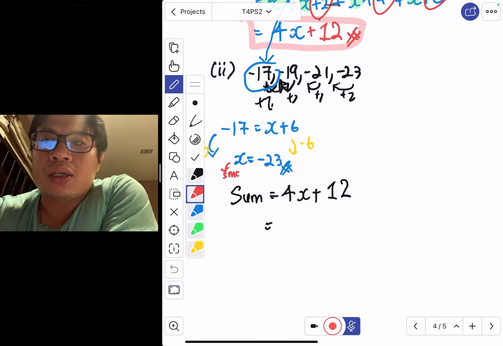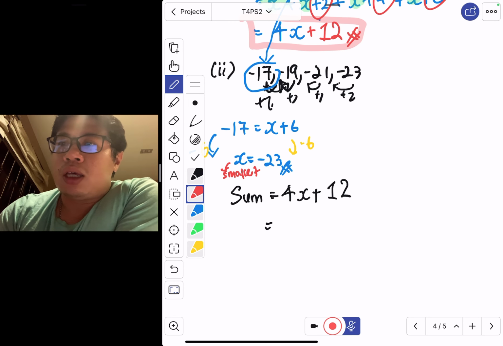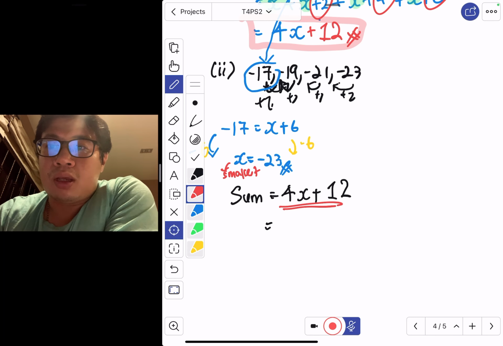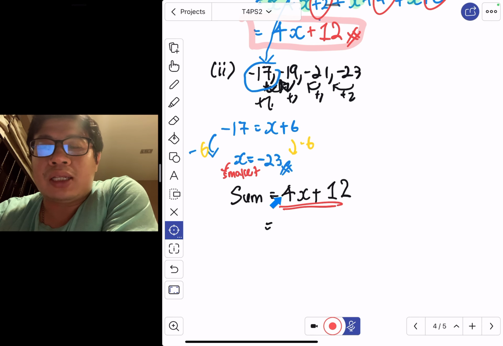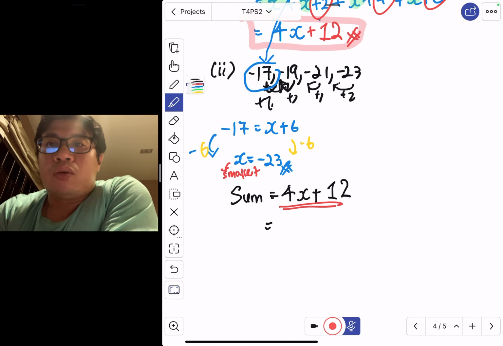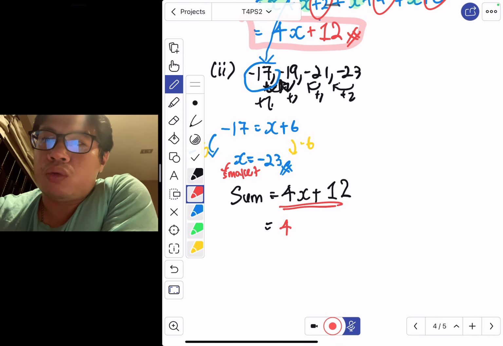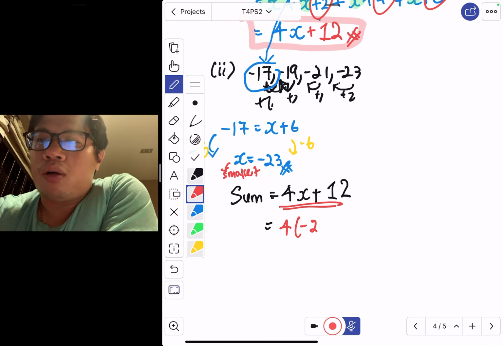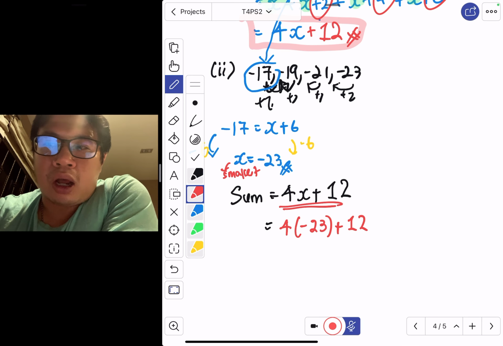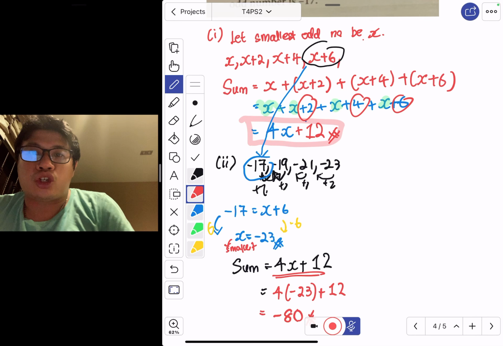With x as negative 23, the sum is 4x plus 12, which is what you found earlier. You just need to substitute the x that you found, which is 4 multiplied by negative 23 plus 12. Using the calculator on your own working, you will get the answer of negative 80. It's not an easy question.